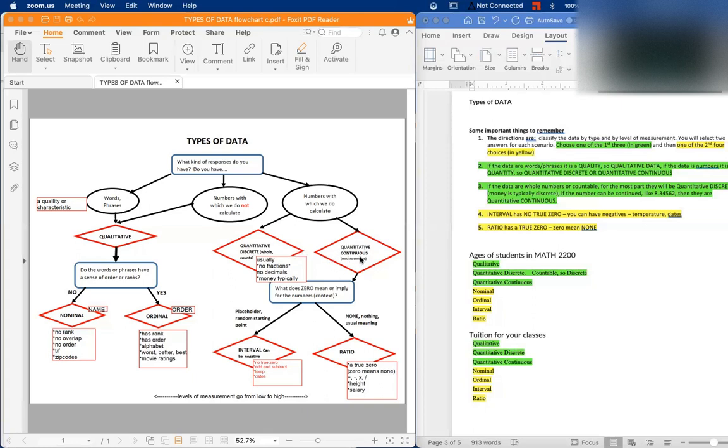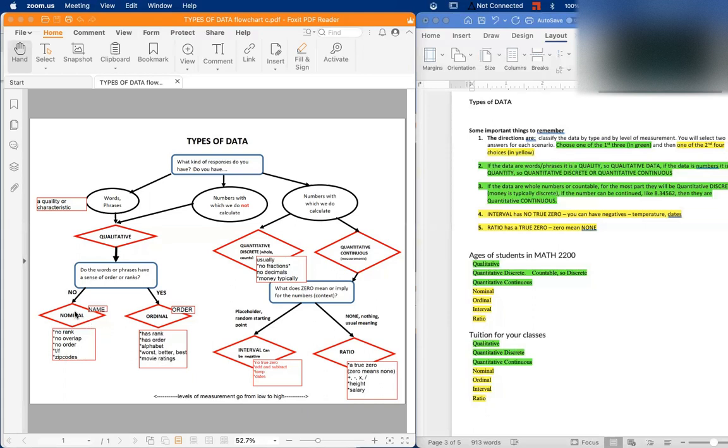Then we have two types of numbers: discrete, which are usually whole numbers, something that we can count, and money, because we can count money, or quantitative continuous, which is some type of measurement that might end up with 5 decimal places or something like that, so that it would be a continuous thing and not something that we could actually count.